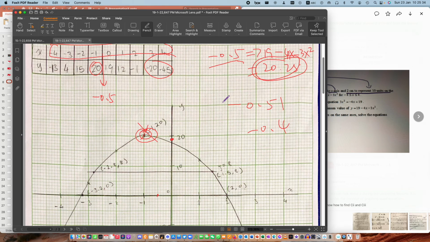You have it in this format, right? Like a plus b whole squared plus c. Then your minus a and plus b is the turning point. It can be maximum or minimum.